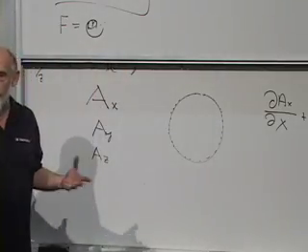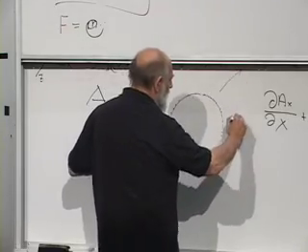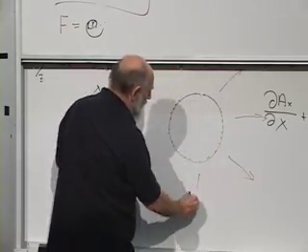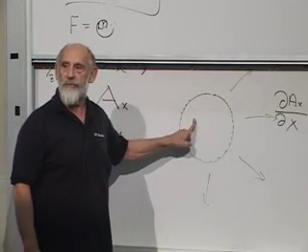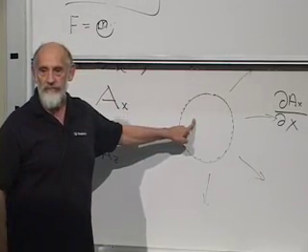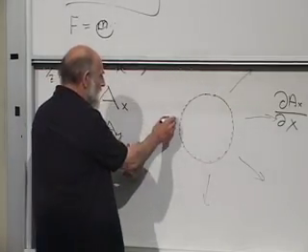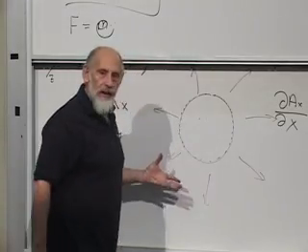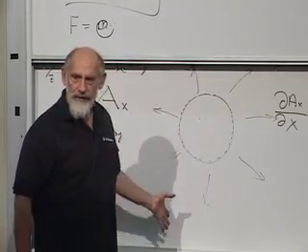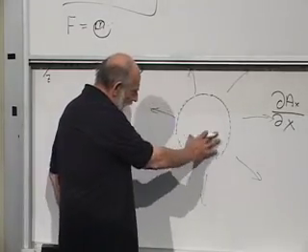What does the fluid flow look like in different places? Well, the answer is on the outside, it looks exactly the same as if everything were concentrated on a point. But what about in the interior? What would you guess? Nothing. Nothing. Everything is just flowing out away from here. And there's no flow in here at all. How could there be? Which direction would it be in? So there's no flow in here.